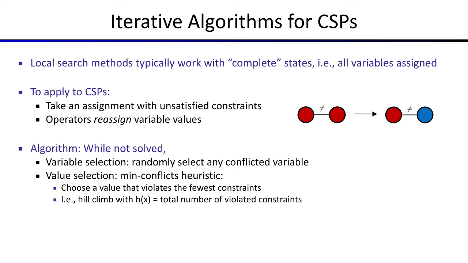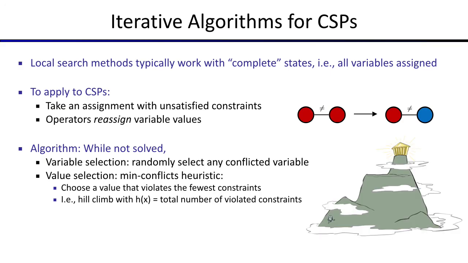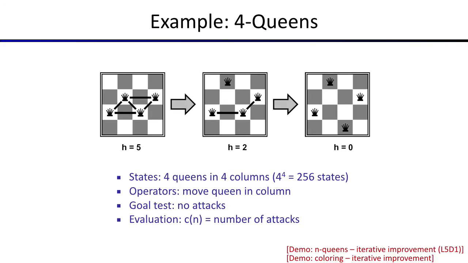It's called min conflicts. If you're familiar with hill climbing from any theory class, it's hill climbing with your heuristic equal to the number of violated constraints. If you're not familiar with hill climbing, we'll cover it in a little bit, and then we'll come back to this. But an example where this works really well is n-queens.